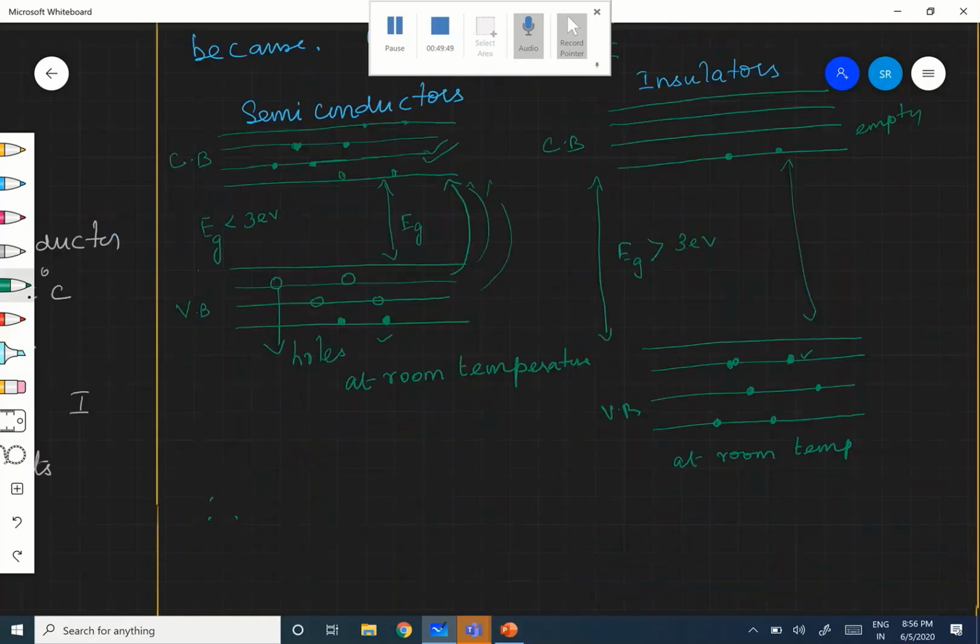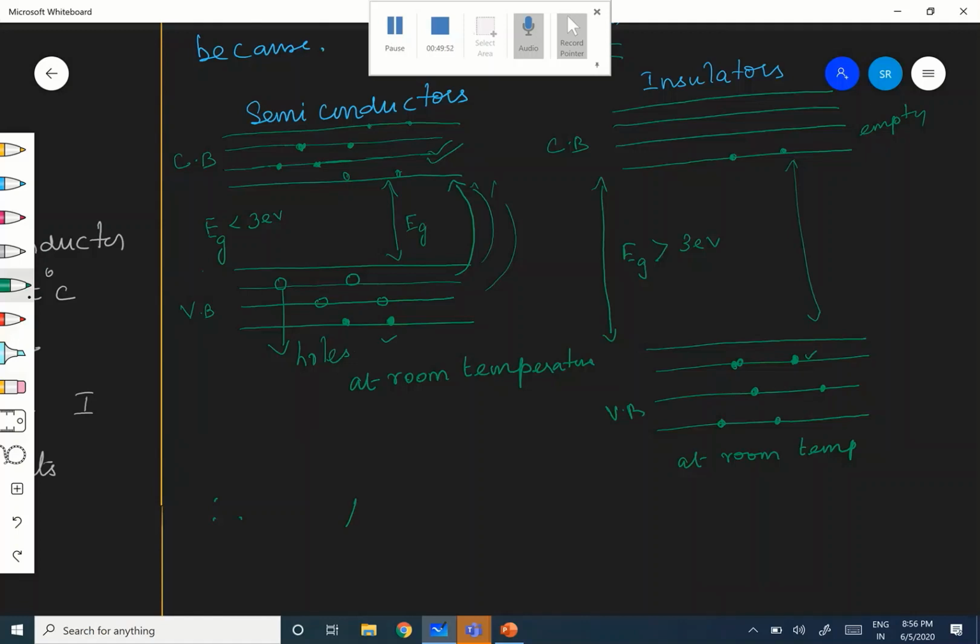Why? What is alpha? Alpha is nothing but R2 minus R1 divided by R1 into T2 minus T1. Correct? Therefore, R2 minus R1 is negative in this case. Why?